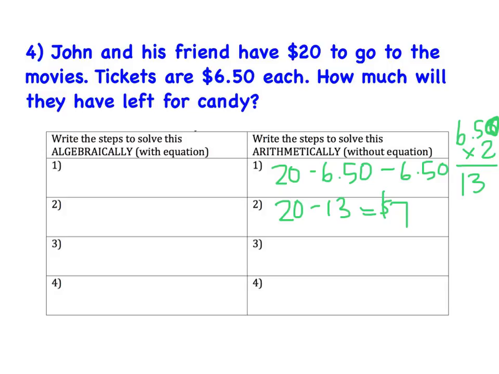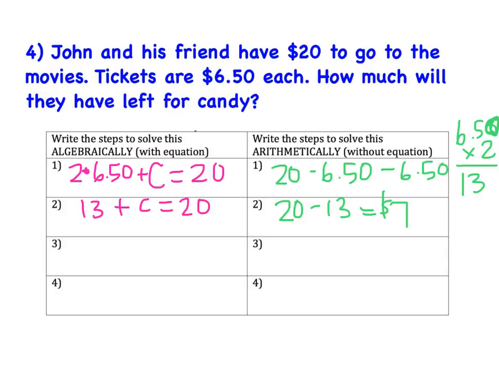Now let's look at this algebraically. My total is 20. I have two tickets that I'm buying times $6.50 each, plus the amount I spent on candy. Well, 2 times $6.50 is 13, so we could also write this as 13 plus C equals 20.